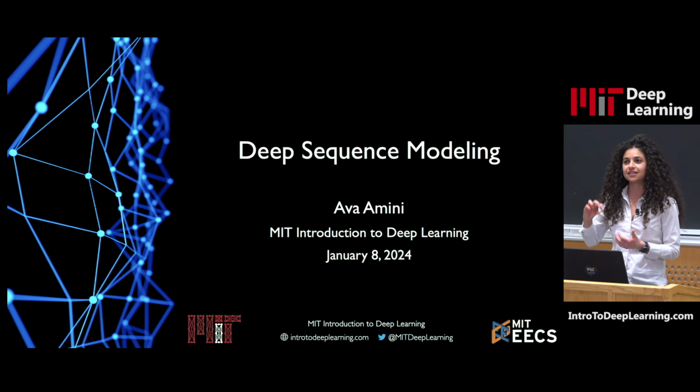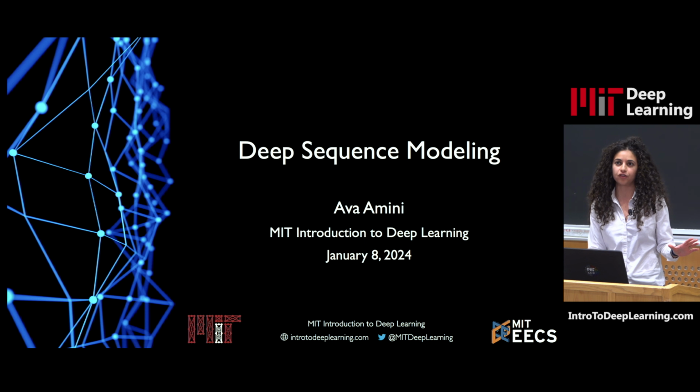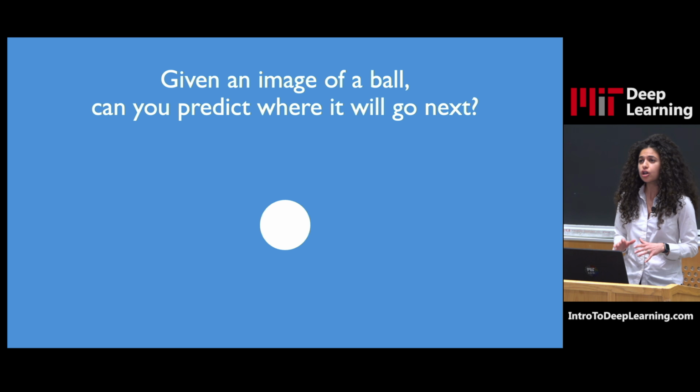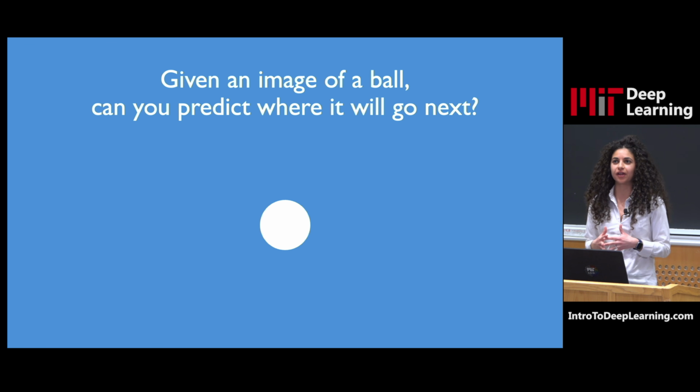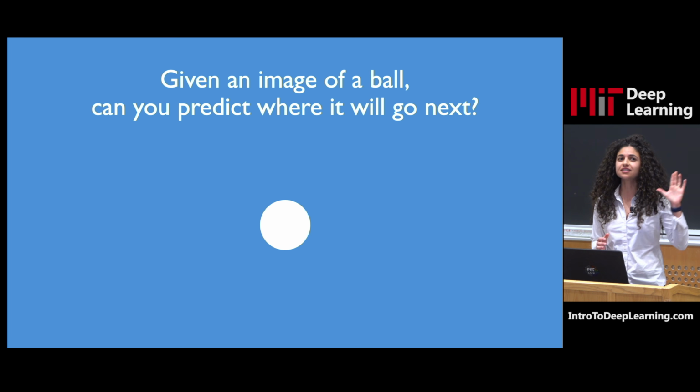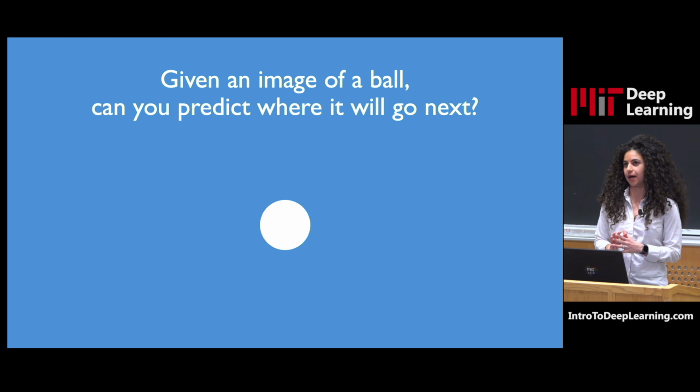And we're going to do that step by step, starting from the intuition and building up our concepts and our knowledge from there, starting back right where we left off with perceptrons and feed-forward models. So to do that, I'd like to first motivate what we even mean when we talk about something like sequence modeling or sequential data. So let's start with a super simple example.